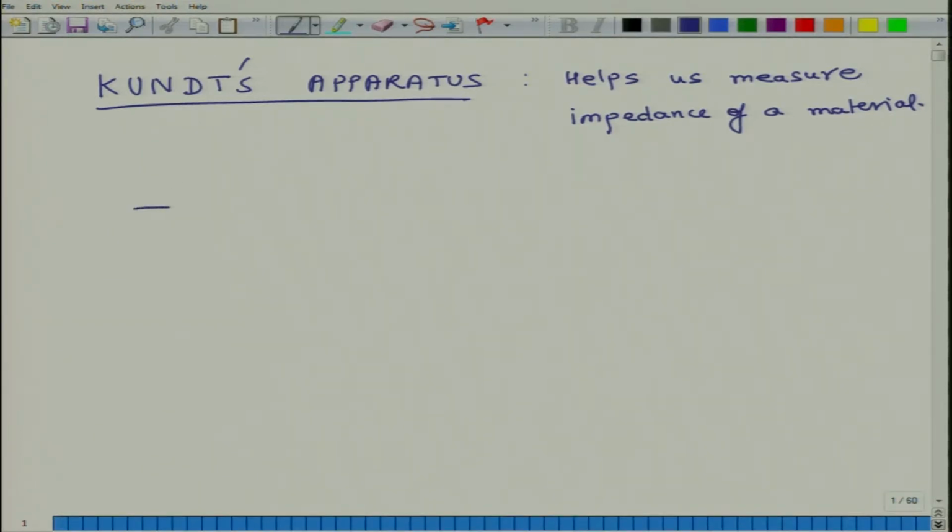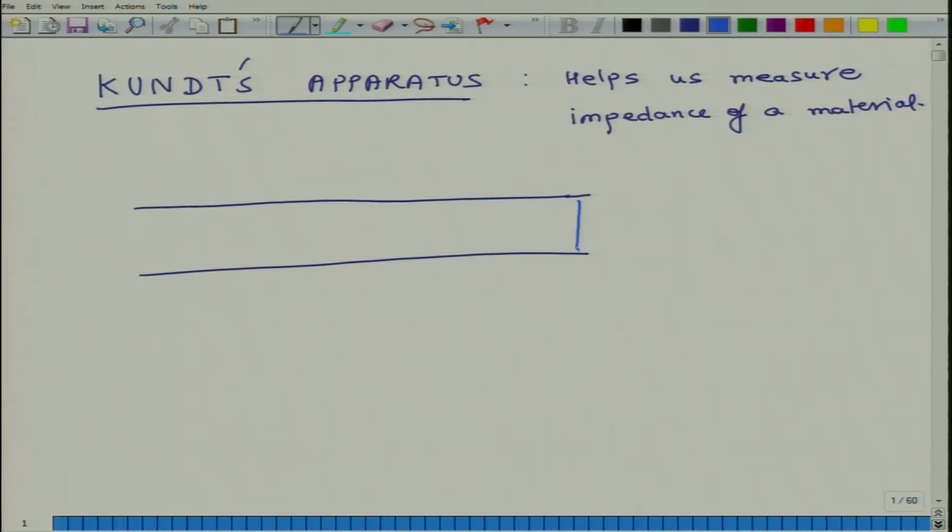So, it is essentially a straight tube, and in this tube you place this unknown material at one end.